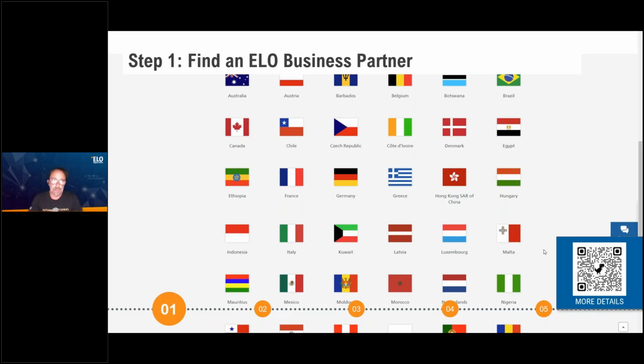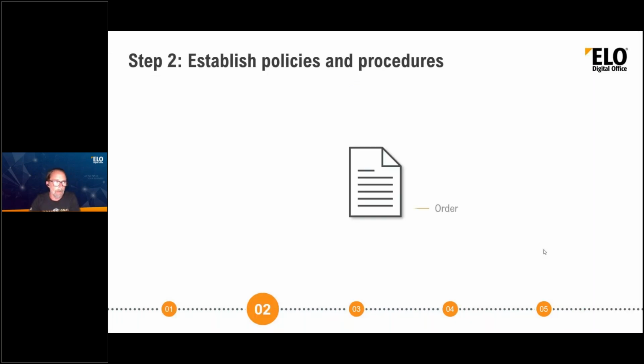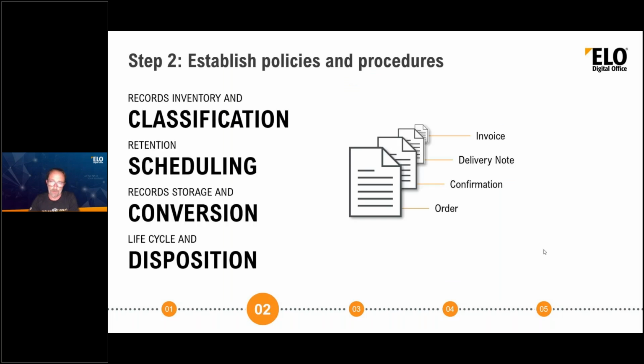The second step is you have to establish policies and procedures. Because in a record, we have different document types and different types of records as well. The first step, what our business partners normally do together with our customers, is they have a look at the records inventory and classify the records in the inventory, so the existing ones, and the documents in there.